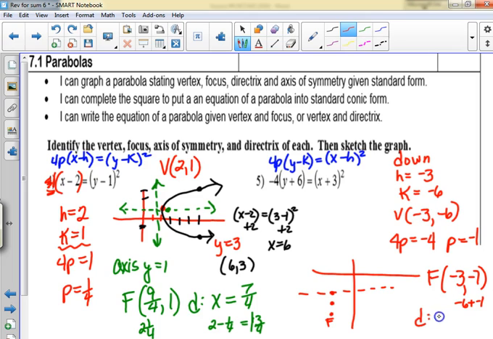The directrix is at y equals K minus P. Should be -7 minus -1, which will become what, guys? -6, yeah, so that's this. My picture is so not to scale. Did I do something wrong? Yeah.